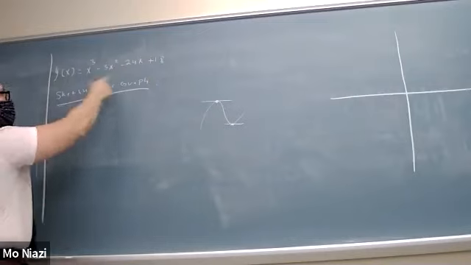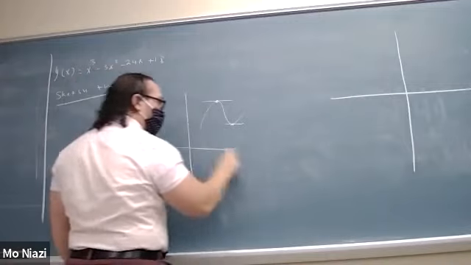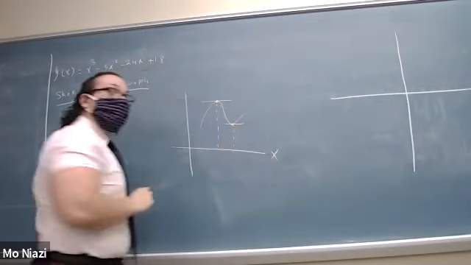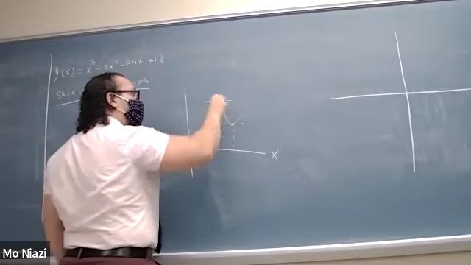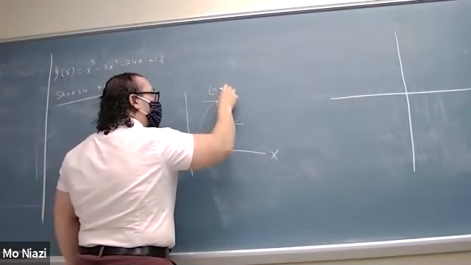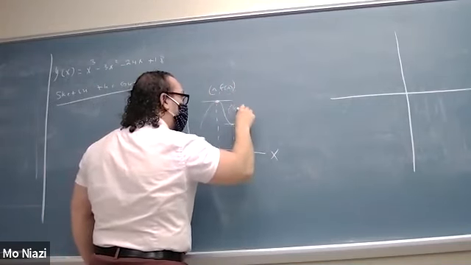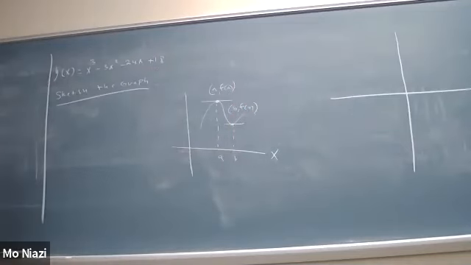So we could take the derivative of this function, set that equal to 0, and solve for the x values, and that will tell us where all these locations are on the x-axis. Then we can find the f of x by plugging it into the original function. So if this is a, this is f of a. If this is b, f of b. Okay, so let's do that.